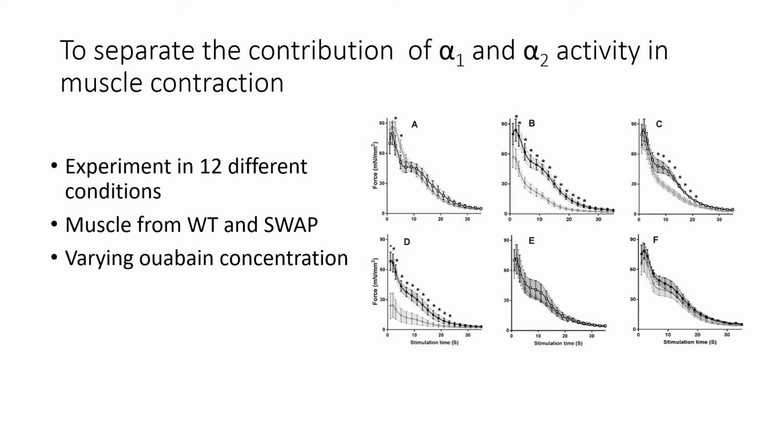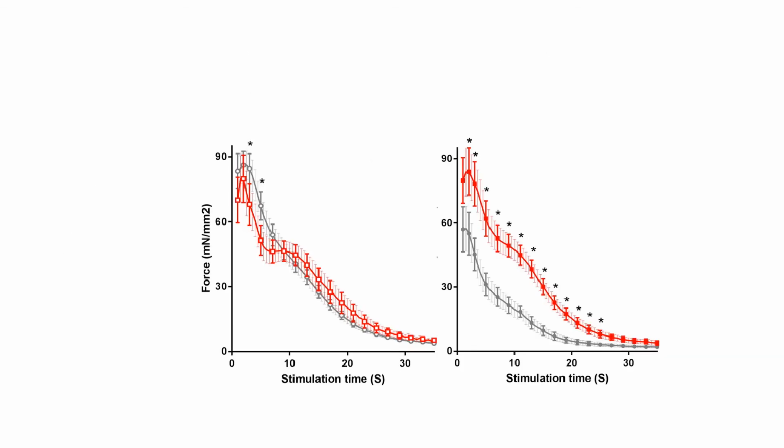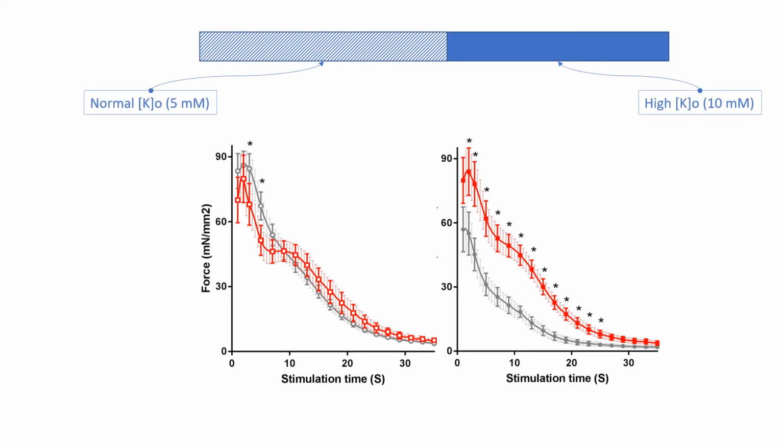I had muscle from wild type and swap mouse, and I treated them with varied concentrations of ouabain. For the sake of this presentation, I used these blue bars to show when we had normal potassium, 5 millimole, or high potassium stress, which is 10 millimolar potassium.